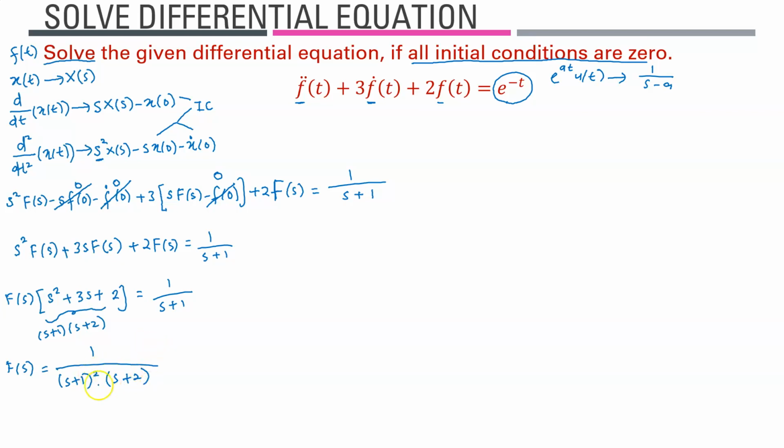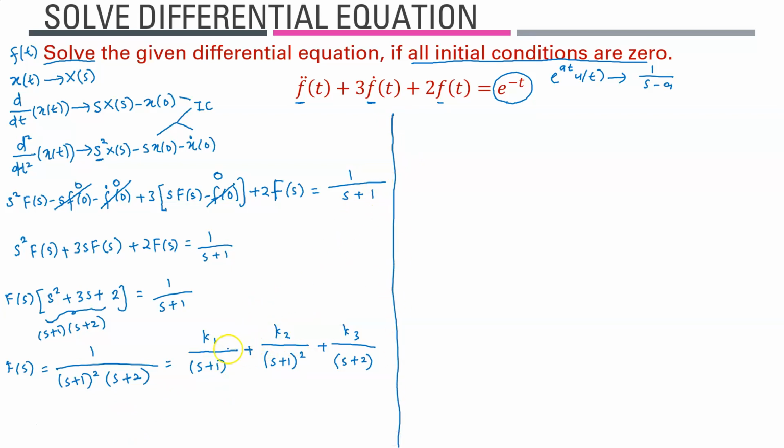If you look here, it means you have a function where the denominator has real and repeated roots. So we can write this as equivalent to k1 over s plus 1 plus k2 over s plus 1 squared plus k3 over s plus 2.